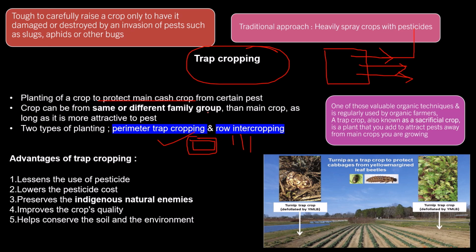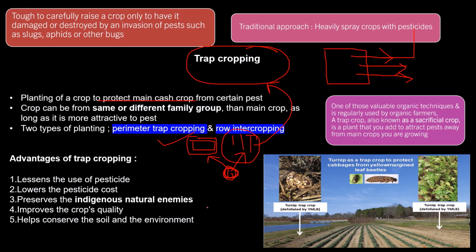In this case, the pest is going to come to the plant which is more attractive to it. So the cash crop is prevented from attack, and the trap crop is acting as a trap for the insect and is taking up all the harm. So this is what the method is all about.